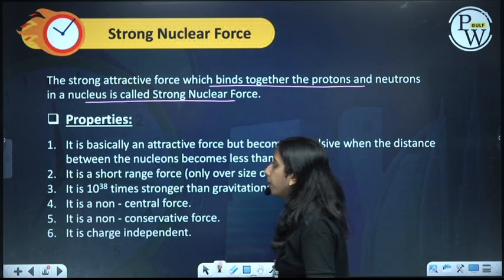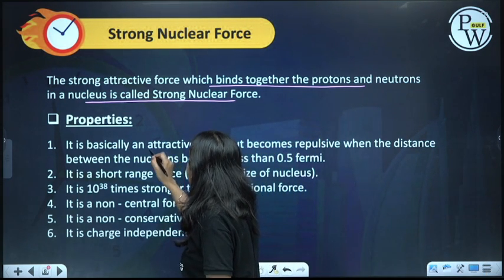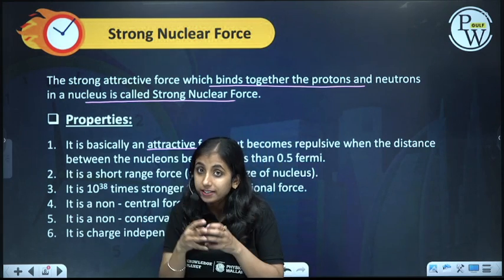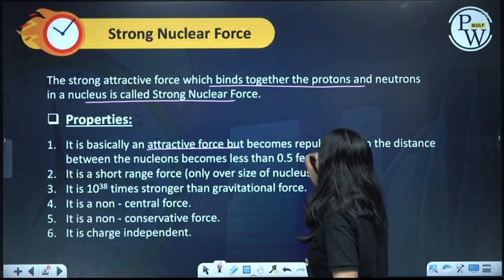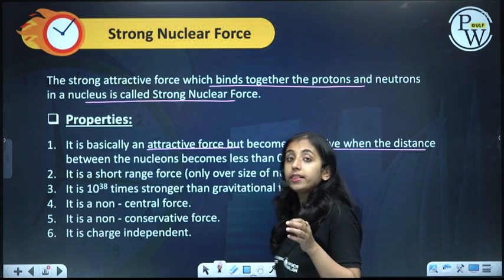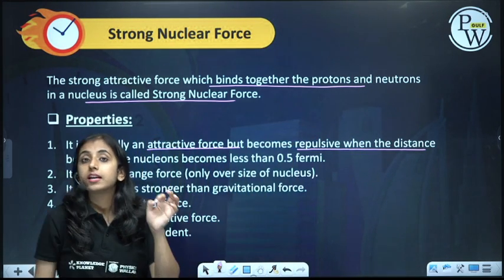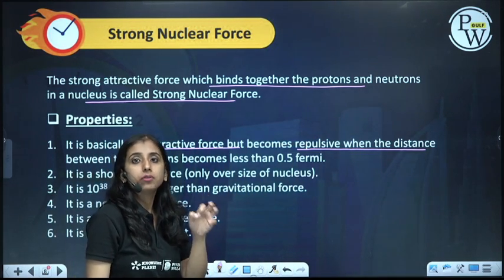So what are the properties? It is basically an attractive force because it binds the particles together, but it becomes repulsive when the distance between the nucleons is less than 0.5 Fermi meter.